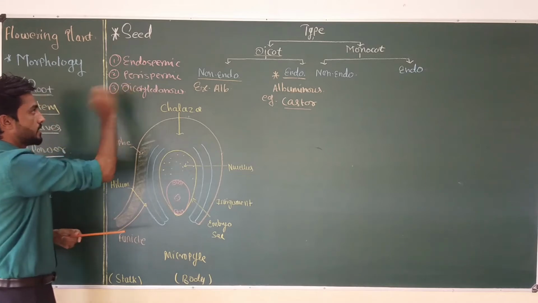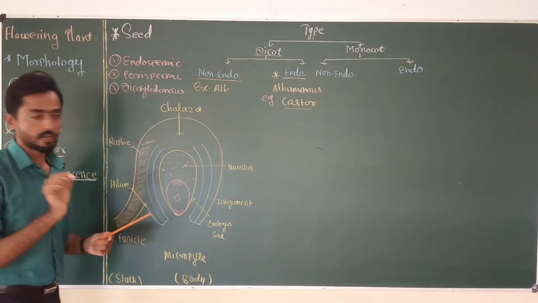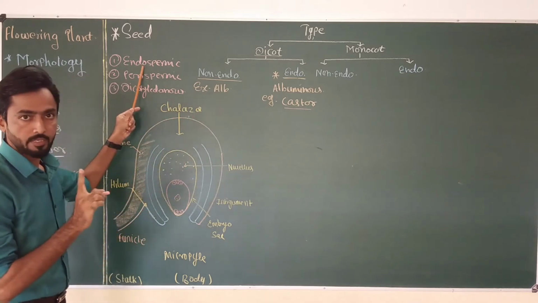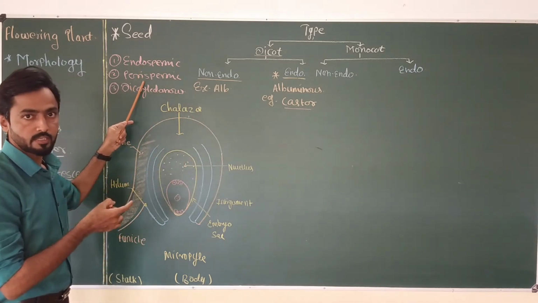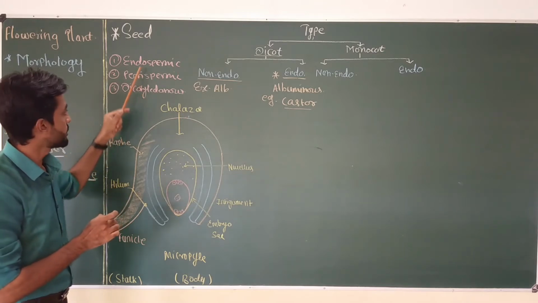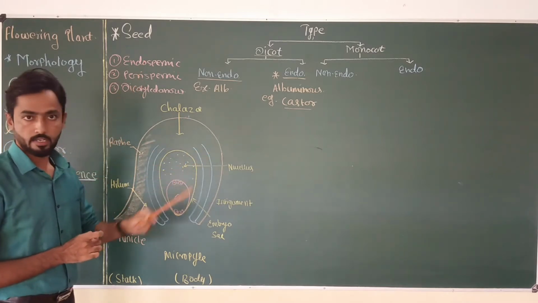So these three terms correctly describe a castor seed. Okay, it is endospermic seed, it is perispermic seed, and it is dicot seed. I'm going to discuss in detail all these three things in this video.